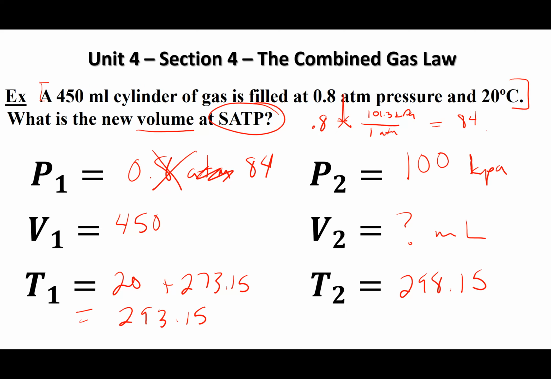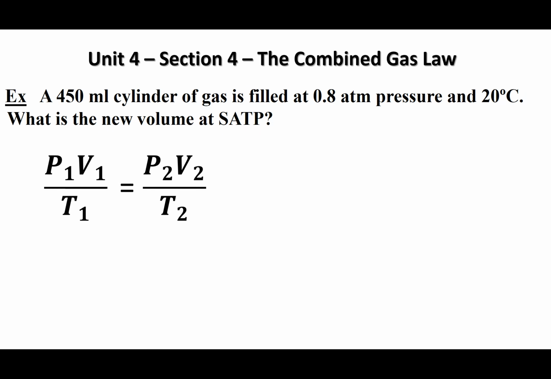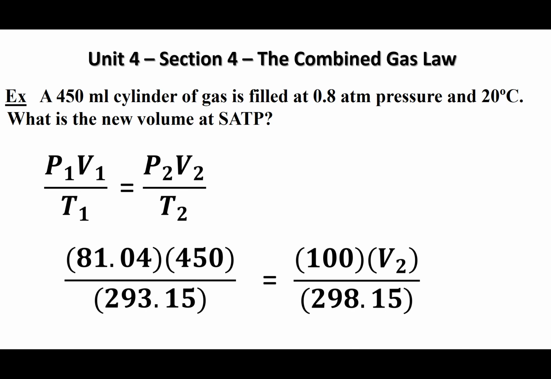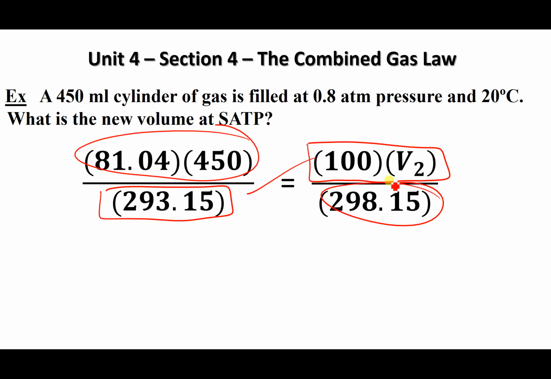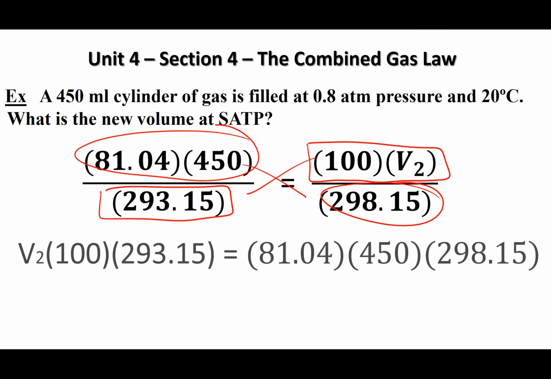So these are the terms that we're going to proceed with now. So there's our gas law. There are the terms that we're putting in. Again, we're going to do some cross multiplying here. We're going to take the top and multiply by the bottom. Those will go together, and then that top and that bottom will go together as well. So there's all the terms written there.